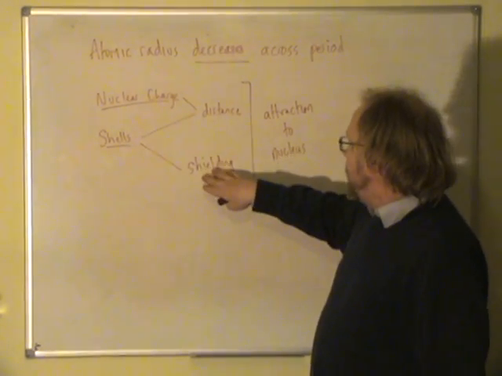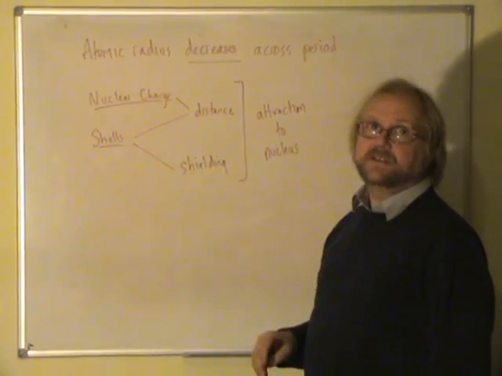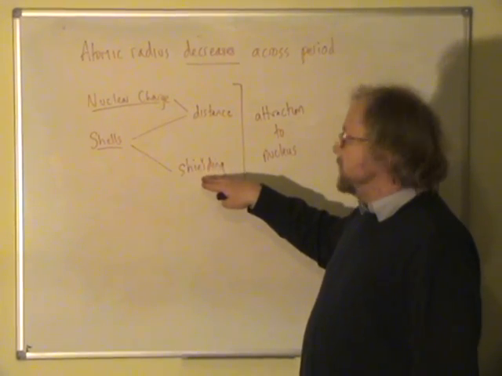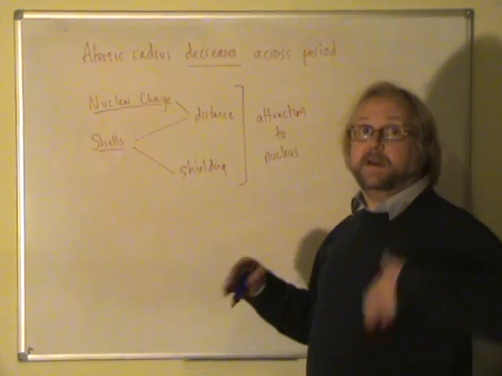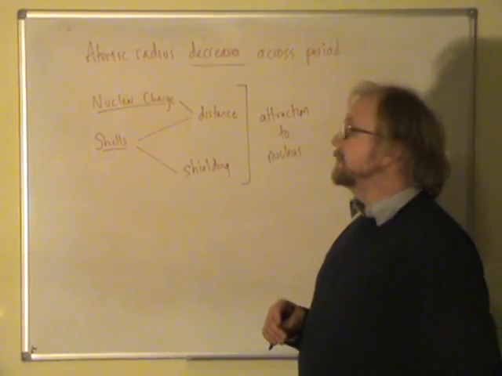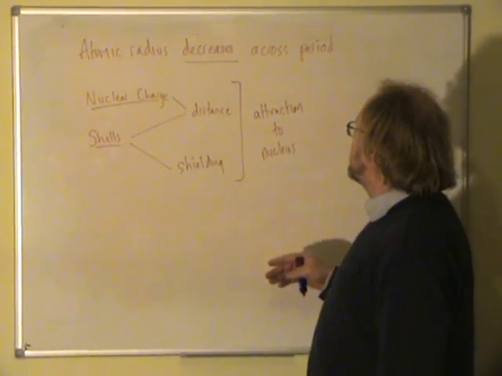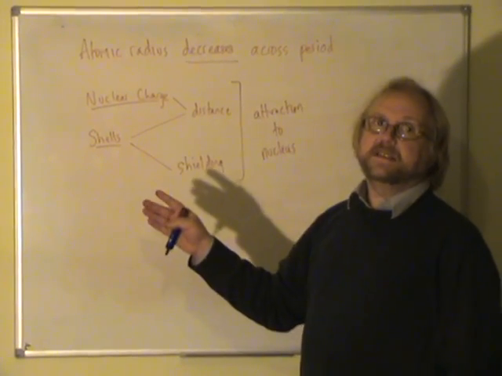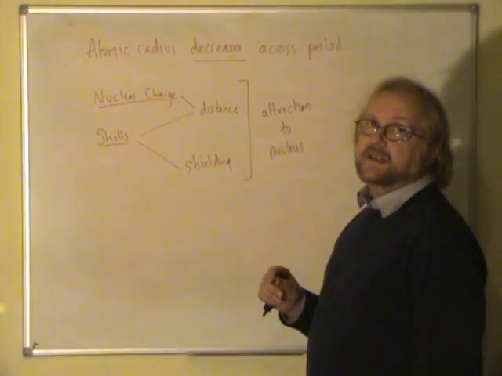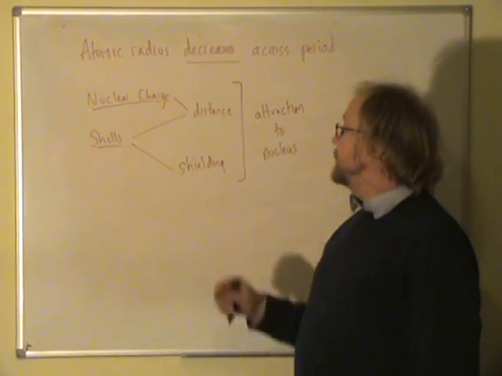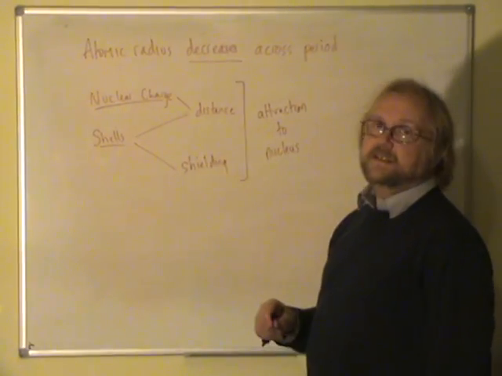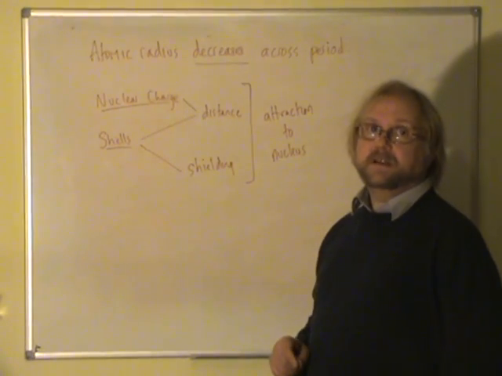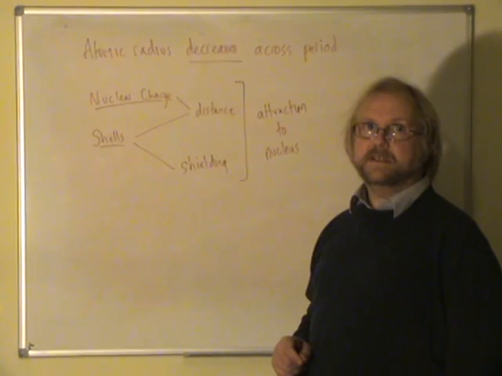Therefore, the shielding doesn't change very much. Okay, the shielding only changes significantly when you add on a whole extra shell. So if you put those ideas together, the attraction to the nucleus increases as you go across the period, and therefore the distance to the outermost electron decreases, which amounts to saying that the atomic radius decreases.